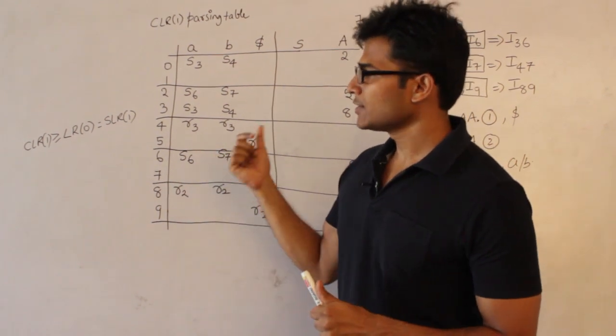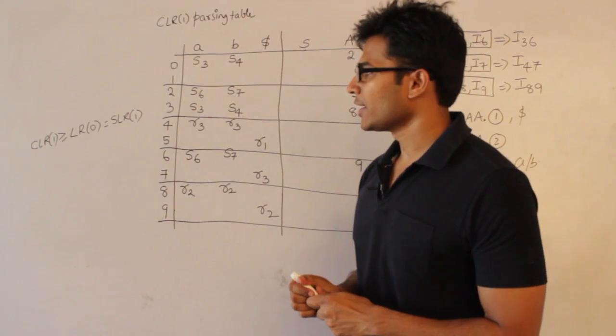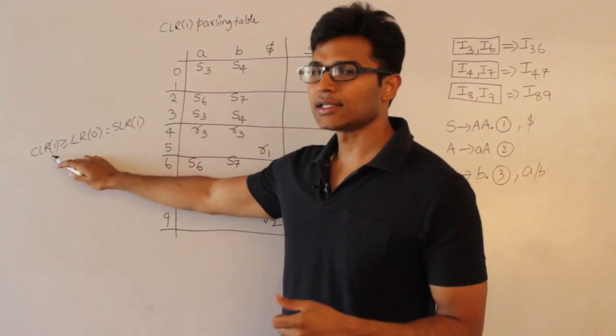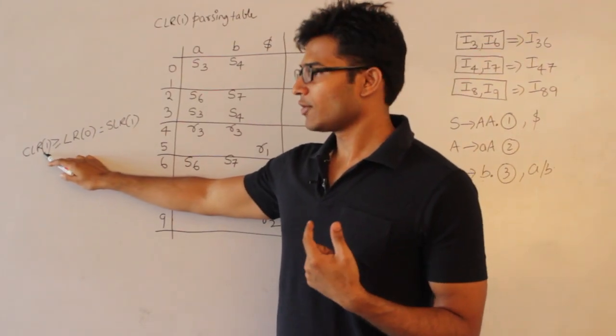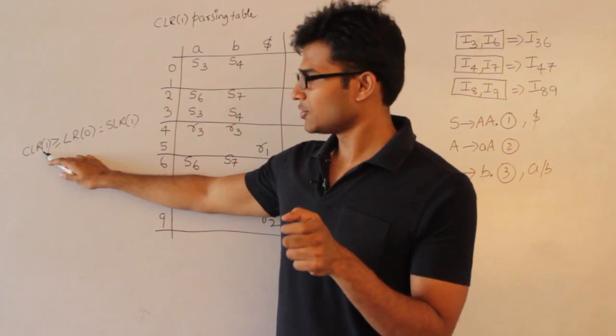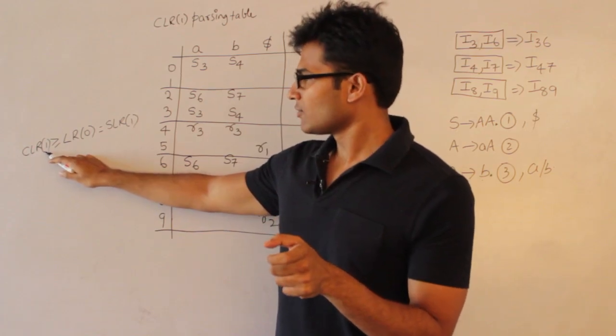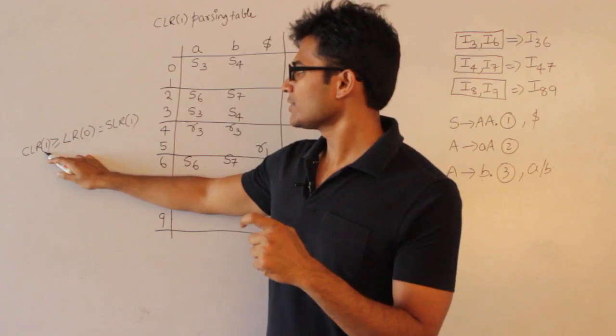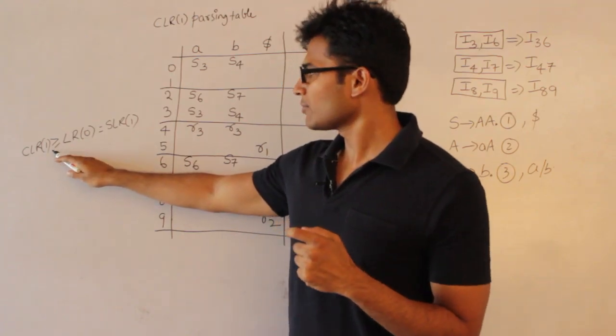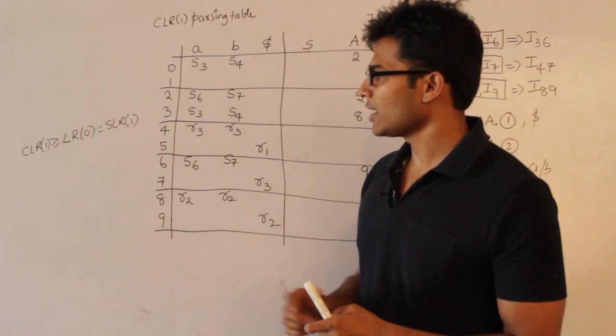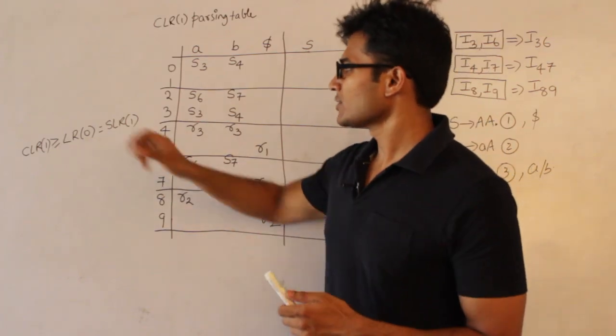When I merge these states which differ only in the look aheads, I am combining these states, and again I am achieving the same number of states in the LALR1 parsing table as they were in LR0 or SLR1.